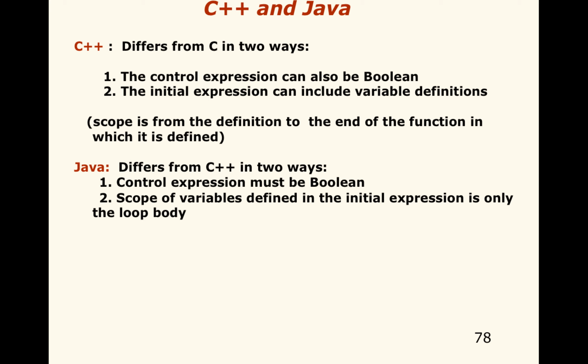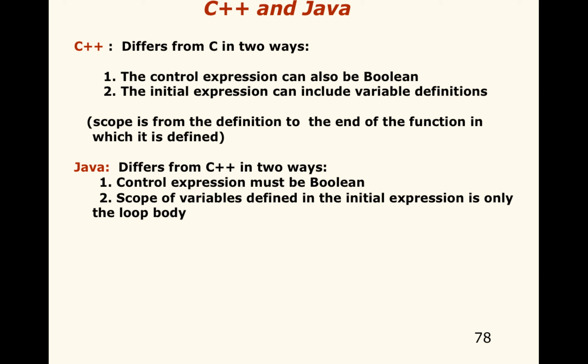The control expression can also be a Boolean. I think you can throw a character in there too. Originally, it was designed to be an int. C++ and Java, I think, support a character. I could be totally wrong on that. I know they support a Boolean and an int. The initial expression can include variable definitions.